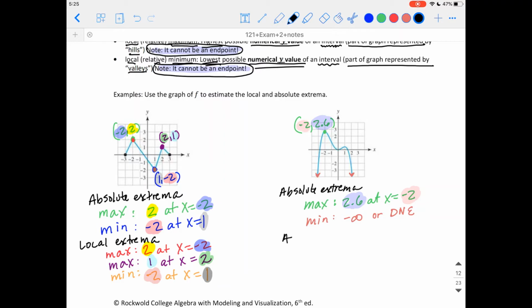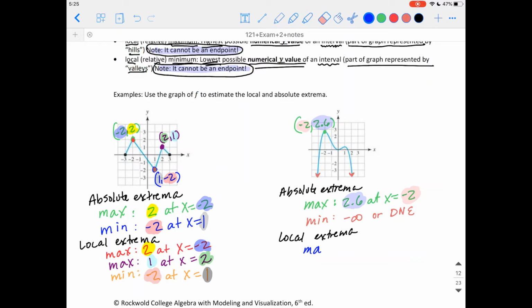All right, so the next one is the absolute, not absolute, excuse me, local. So the local extrema are the hills for the max and the valleys for the mins. So I'm gonna have a local max technically at the same point that's in green.